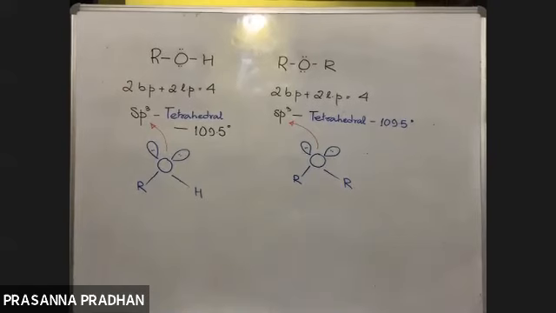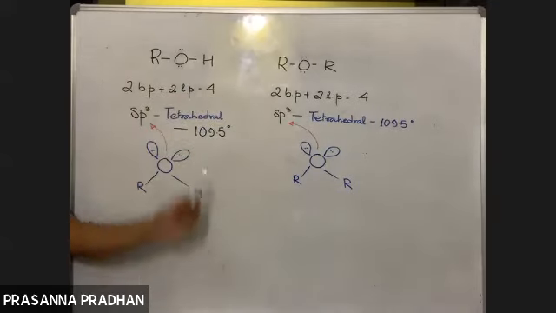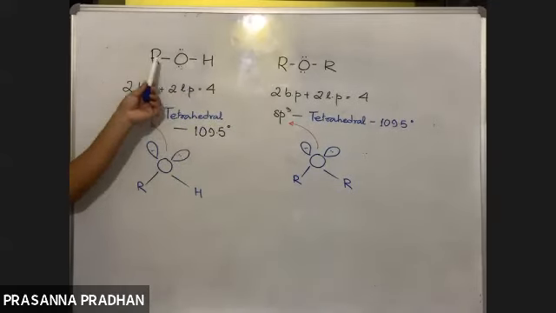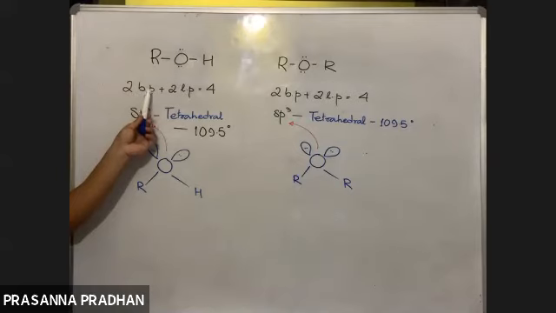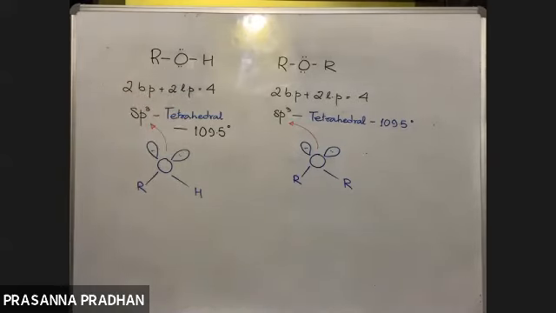So is it understood? First, what did we do? We applied simple VSEPR theory. We knew the structure of alcohol. We knew the structure of ethers. We said that this oxygen has 2 bond pairs and 2 lone pairs. That makes a total of 4 electron pairs.